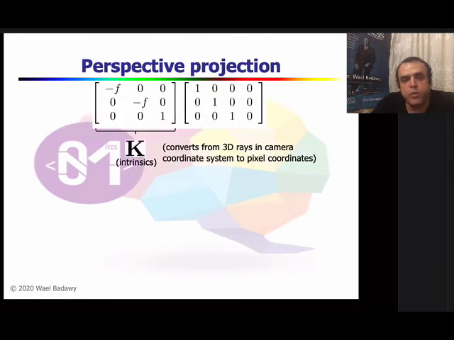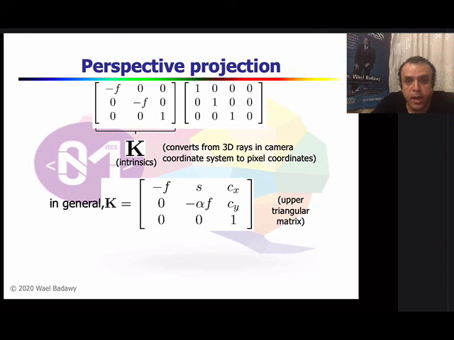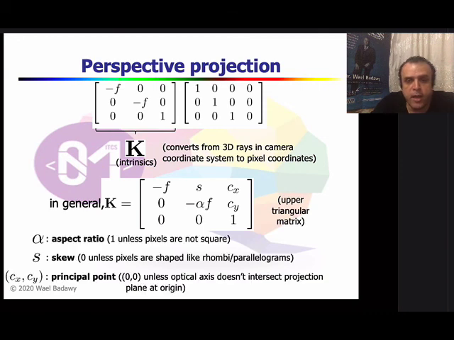Then we use in this example the perspective projection, which has these two matrices. One converts the 3D ray into a 2D pixel, and then you have the aspect ratio, the skew, and the principal point, which could be represented by minus f, minus alpha f, and 1, while s and cx, cy will be the upper triangular matrix.